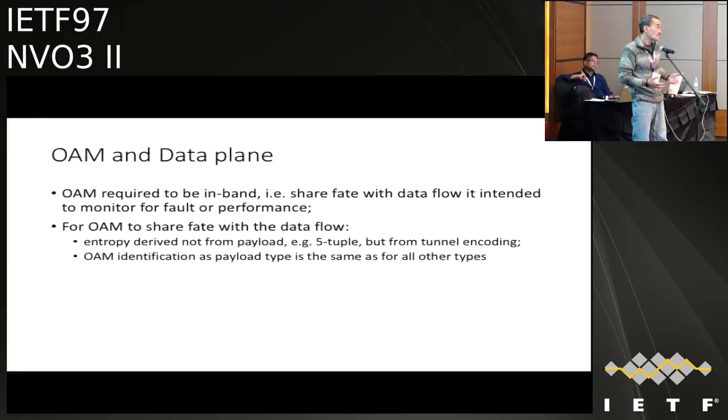So for that reason, there are no protocols that do path sharing, or actually it's very hard to do path sharing. OAM identification as payload is unambiguous and is done the same way as identification of the type of a payload. To be more specific, we would prefer to use the protocol type rather than some dedicated flag.